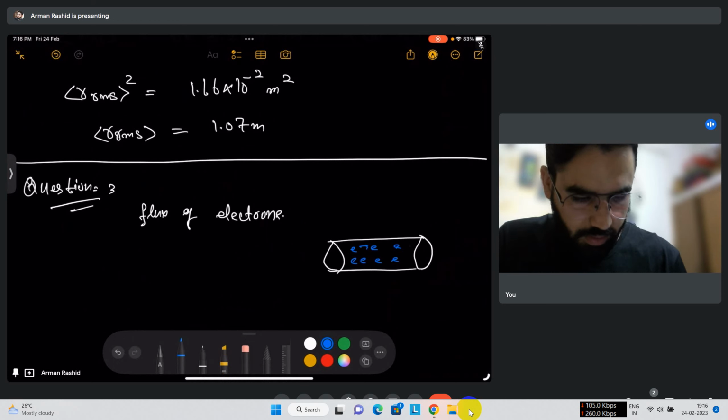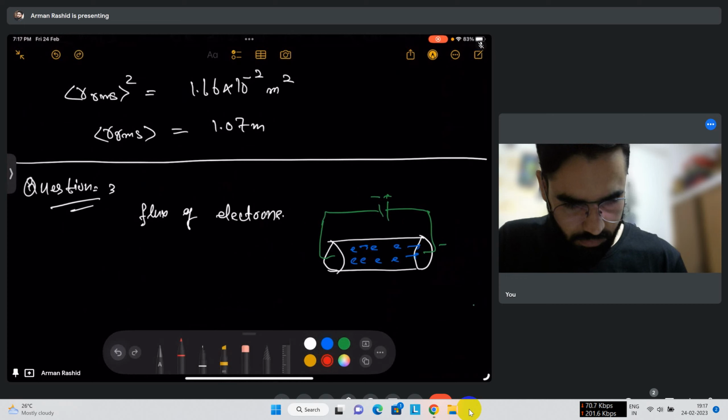They will move somewhere. Once we apply some potential, if this is positive and this is negative, they will move towards the positive side.